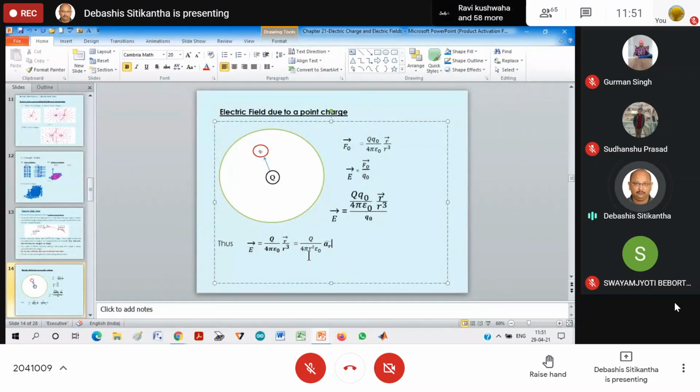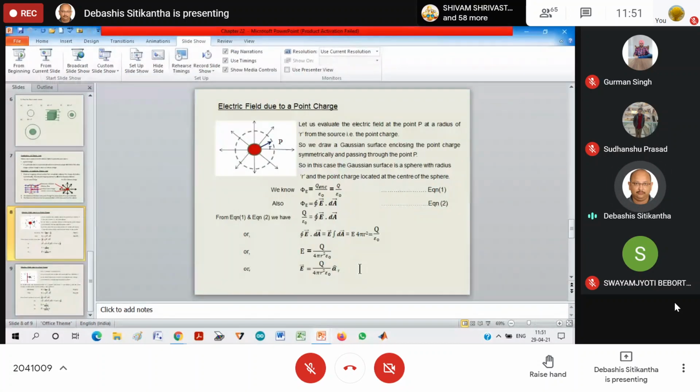So Q by 4 pi r square epsilon 0 a r cap. The same expression we are also getting here, but the number of steps has reduced and it is simpler than the previous method.